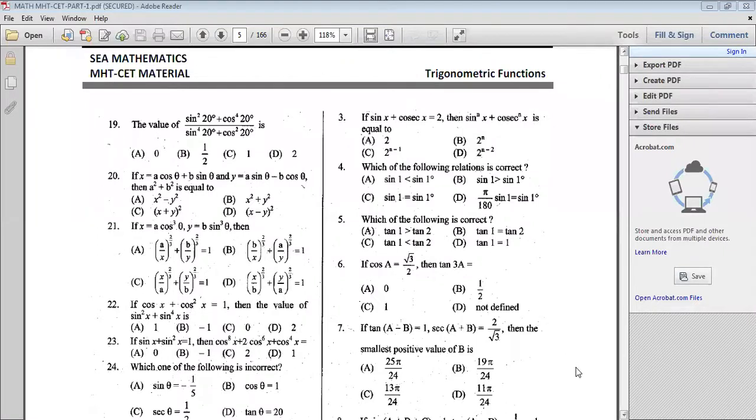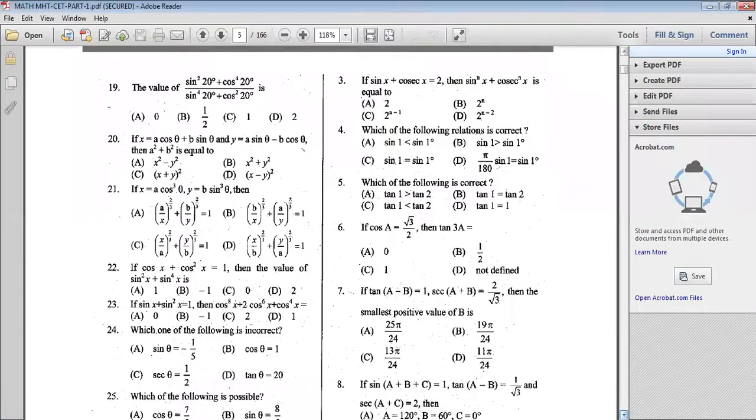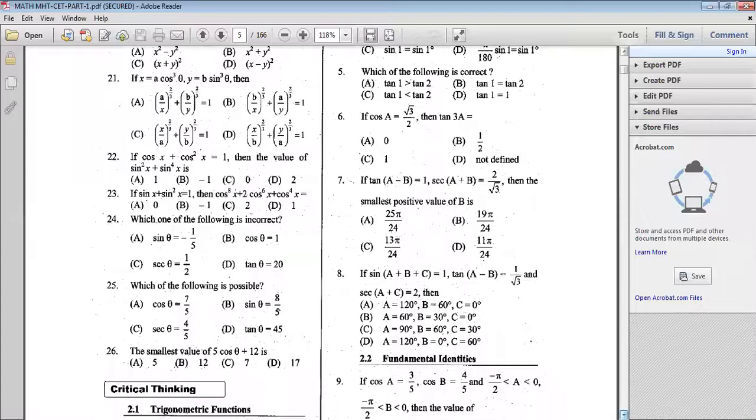Next, look at the next problem. Seventh problem. Tan of A minus B is given 1. Secant of A plus B is given 2 by root 3. Then the smallest positive value of B we have to find. Which is the smallest positive value?